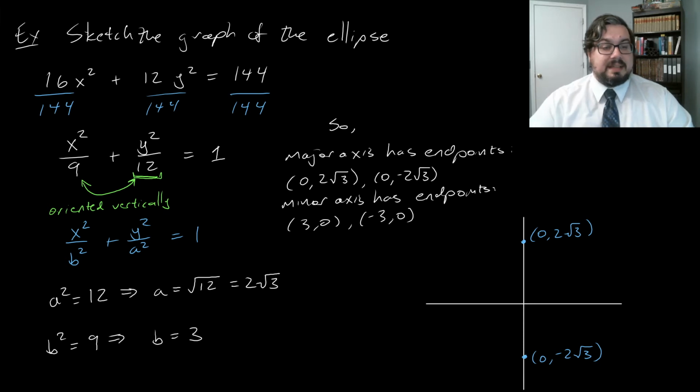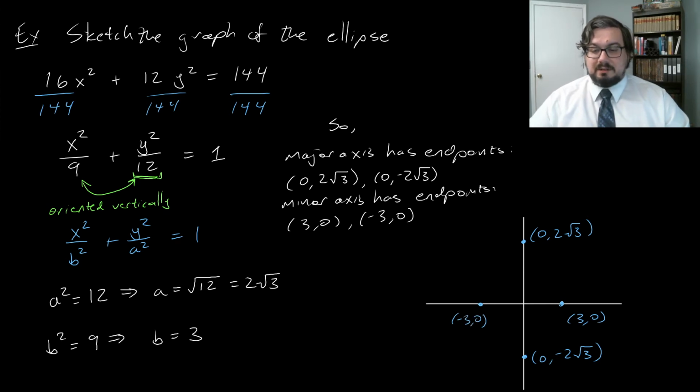That's because the 3 came from the square root of the 9, which was under the x squared, and so those are going to be on the x-axis. So (3, 0), (negative 3, 0).